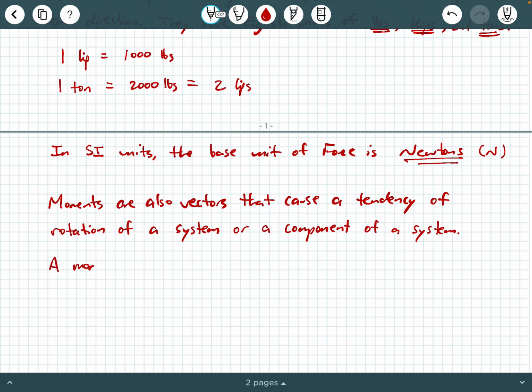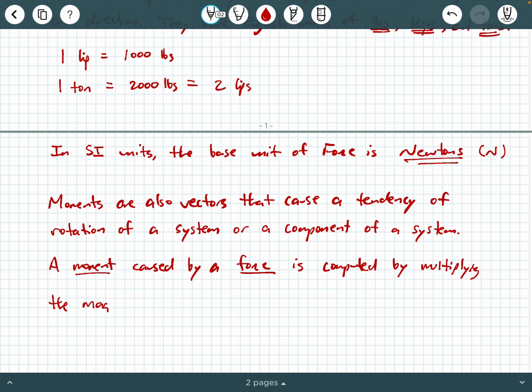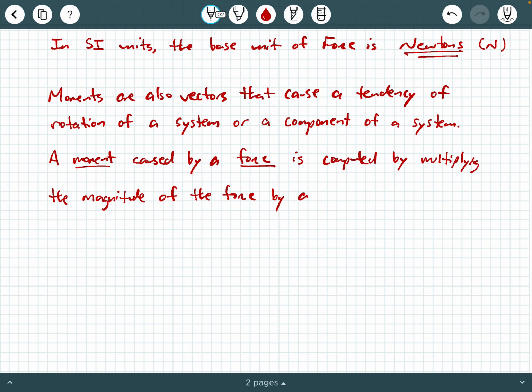A moment caused by a force is computed by multiplying the magnitude of the force by a perpendicular distance. Okay, and that's for 2D problems or 2D systems.